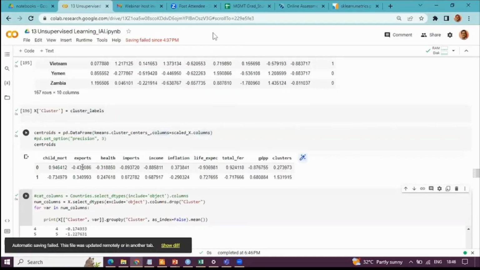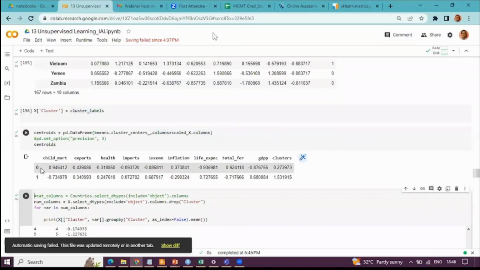So this is how we are getting the two clusters. You could clearly see the child mortality being a very good differentiator. Cluster 0, very high child mortality. Cluster 1, very low child mortality.